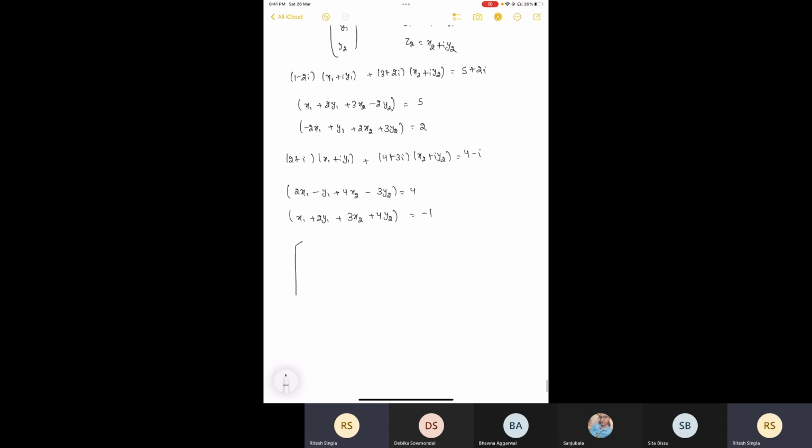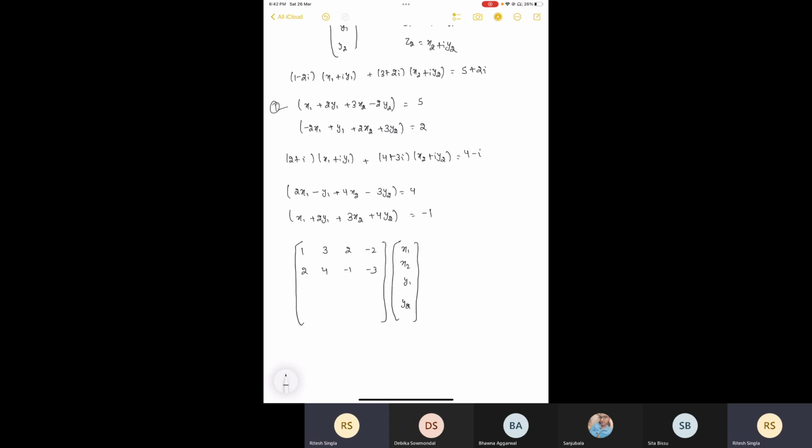So if I want to make it a matrix of x1, x2, y1, y2, it will be nothing but 1, 3, 2, minus 2. Let us write this first: 2, 4, minus 1, minus 3. Now let us write this.